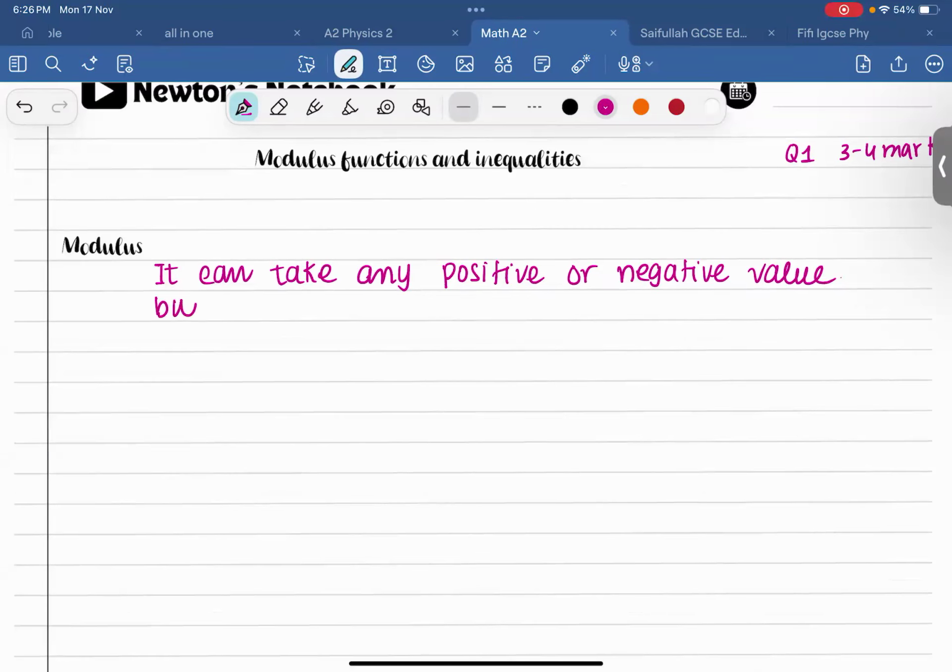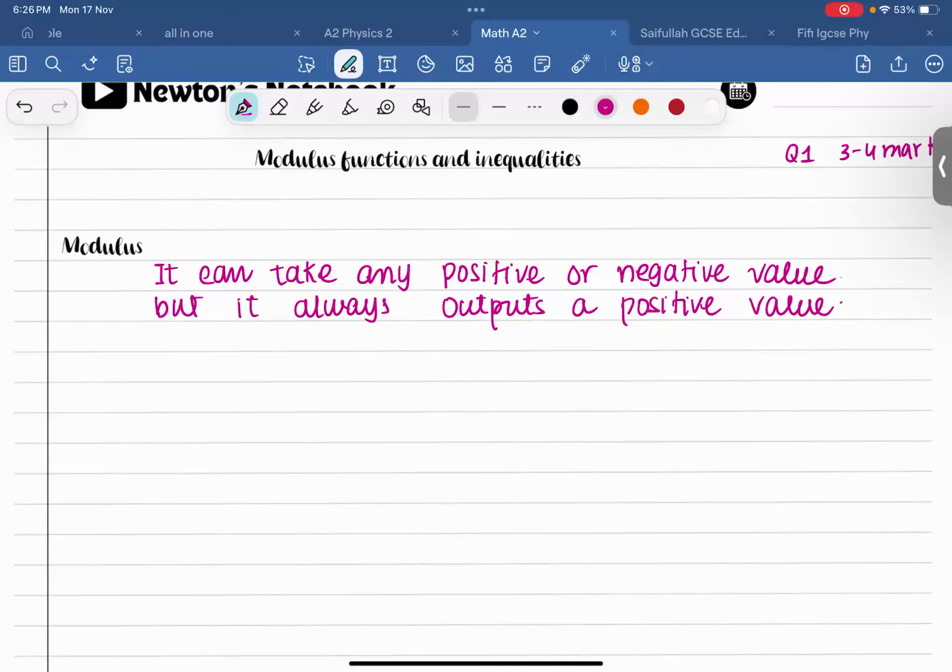But it always outputs a positive value, right? This is the simple concept.